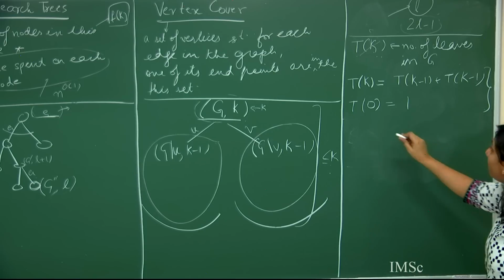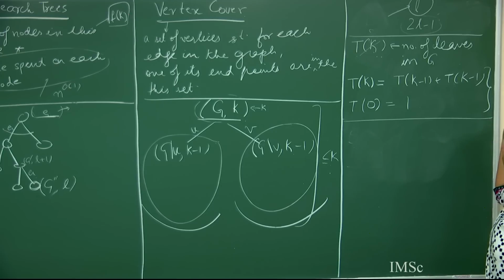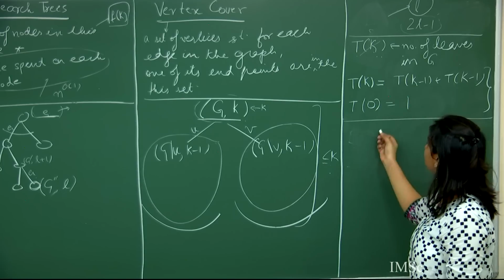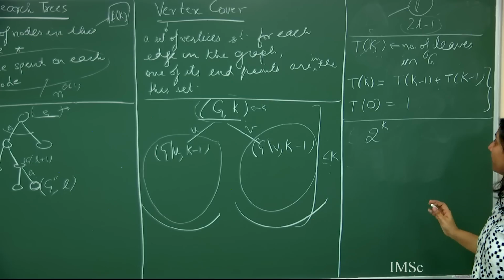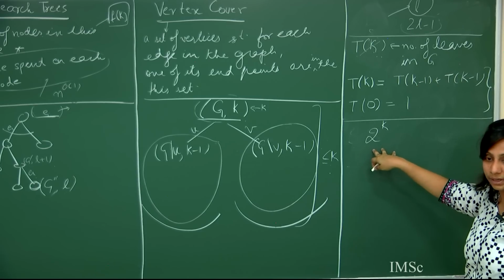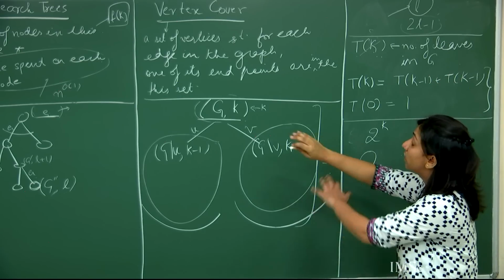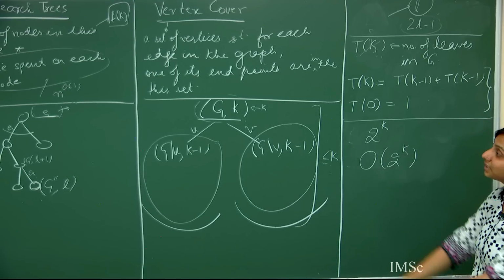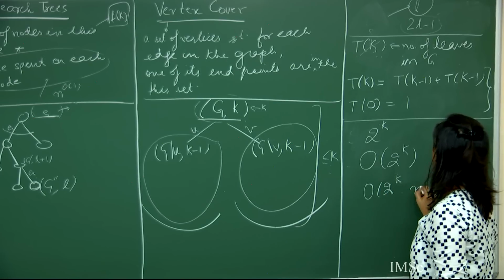Now the point is, we have to solve this recurrence. I think all of us know that this recurrence will solve to 2 power k. And hence we know that the number of leaves here is bounded by at most 2 power k, and hence the total number of nodes in the tree is also bounded by some order of 2 power k, and hence the running time of this algorithm is order of 2 power k into poly n.